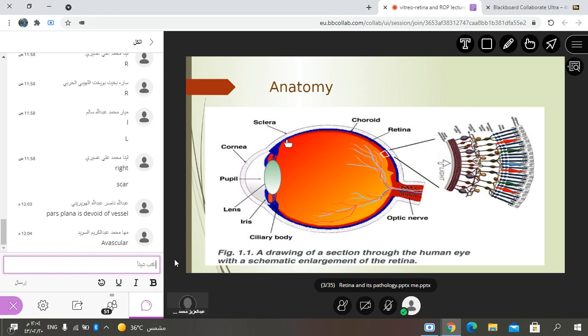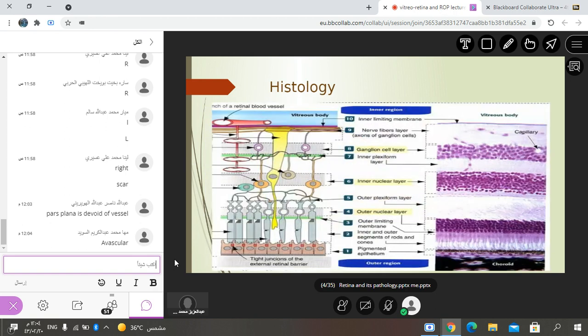The pars plana is an avascular area. That's why in surgery we go through this area. We put in the instrument and the endoscopic instrument, and then we do the vitrectomy here and remove the membranes. That's why it has been chosen. This is an excellent area to go through and do the retinal surgery.